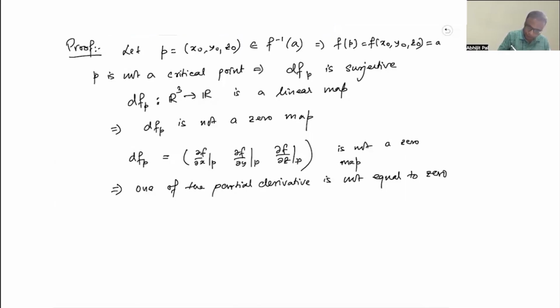Okay, so let us assume del f del z evaluated at P is not equal to 0. Okay, so now we'll apply the implicit function theorem. So by the implicit function theorem, what will we get?